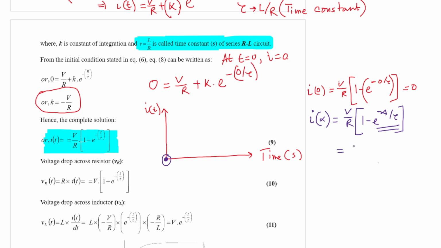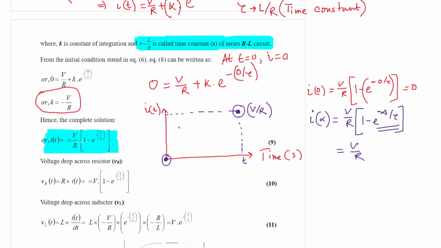So I infinity will be only V by R. So at some large time, let us say this is t is equal to infinity, the value will be V by R. So we get the initial point, we get the final point.